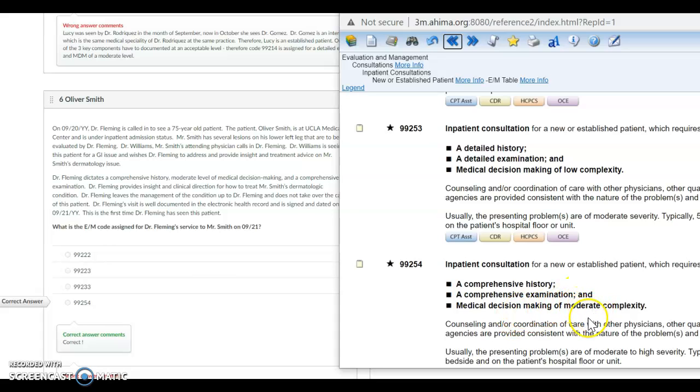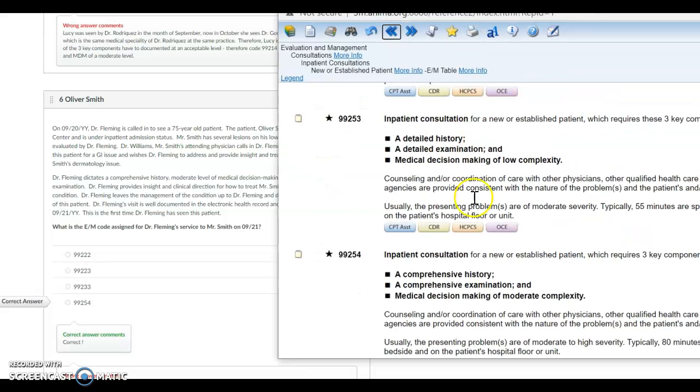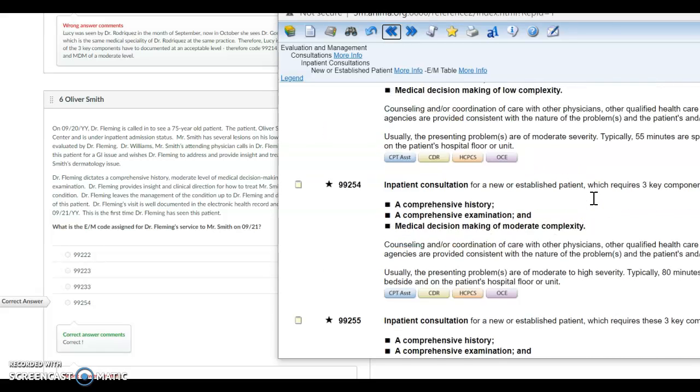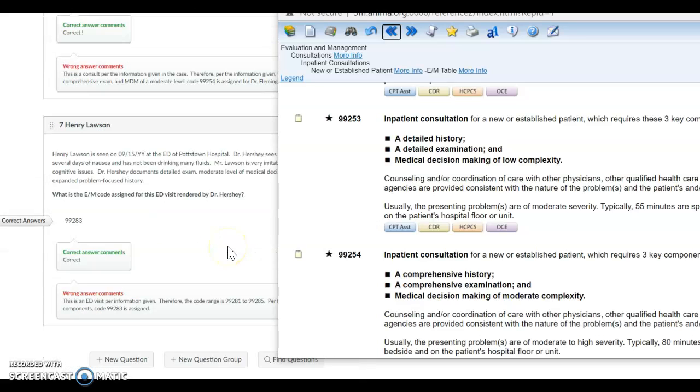So far it's a 99254, comprehensive history, moderate decision making, and then my exam. Let's go ahead and check out the exam here. Let me pull this over. Comprehensive exam. So it puts us all rated a 99254. If anybody has questions on that one, let me know.